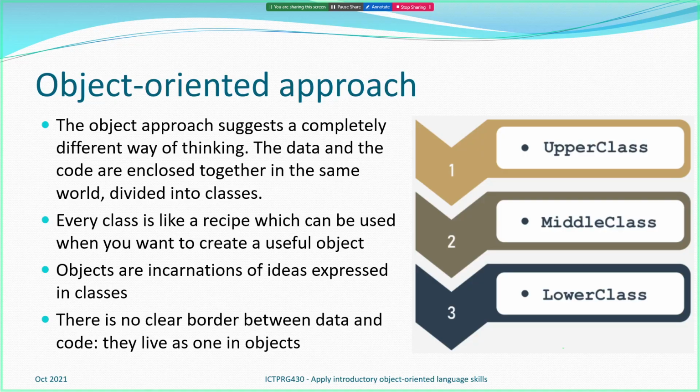So data and our code are actually embedded together in classes. If you think of a class as a recipe to produce a useful product, which is called an object, and these objects are the incarnations or the production of our thoughts and ideas that we express as classes.